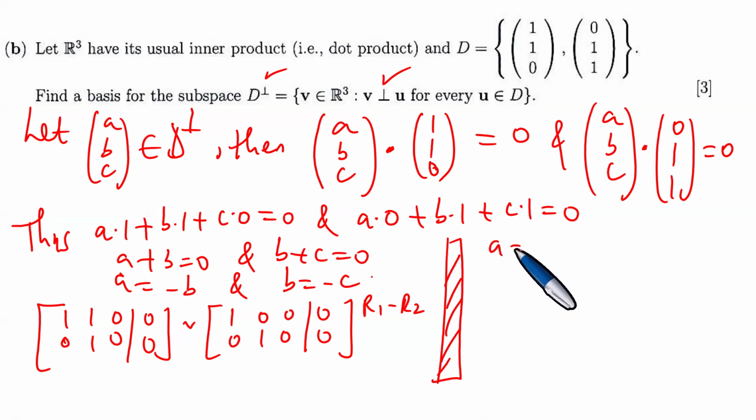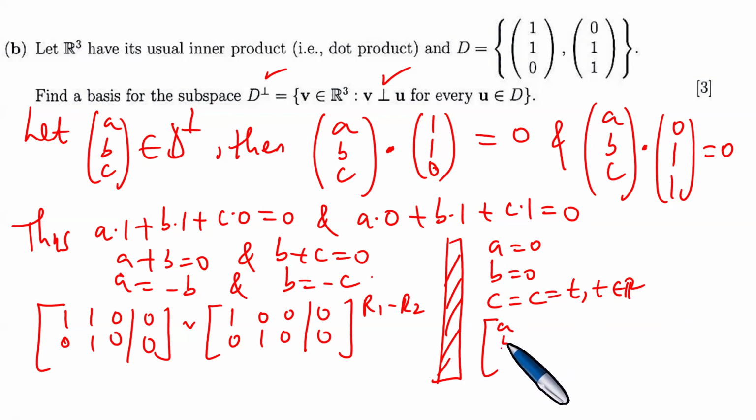Which means that you have A is 0 and B is 0. Okay, because like A, B. And then what about C? You can call it C. Normally my lecturer used to just say, okay, for the free variable. But now you can call it T, where T is a real number.